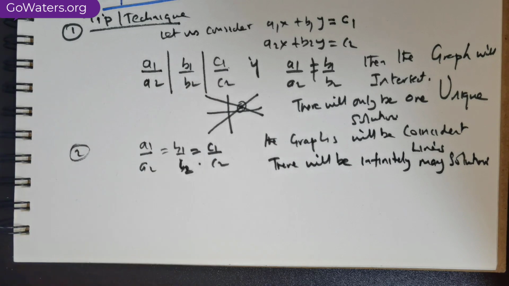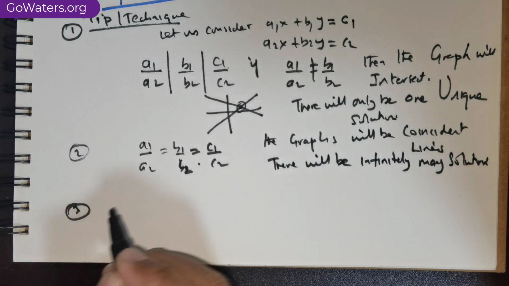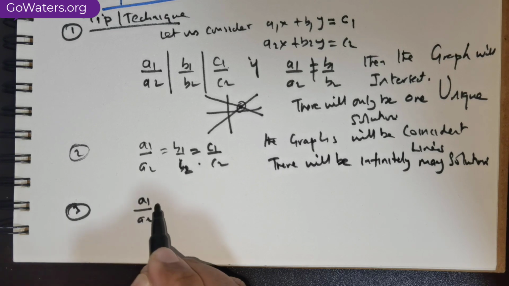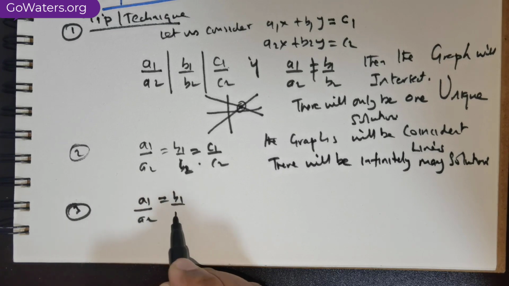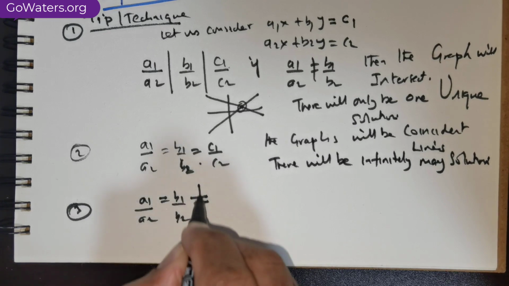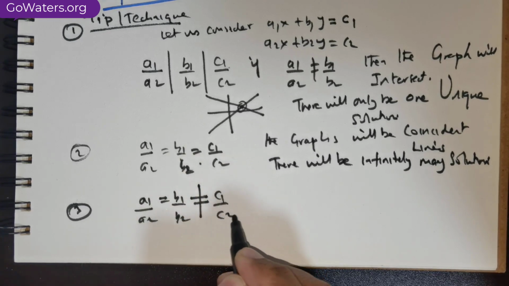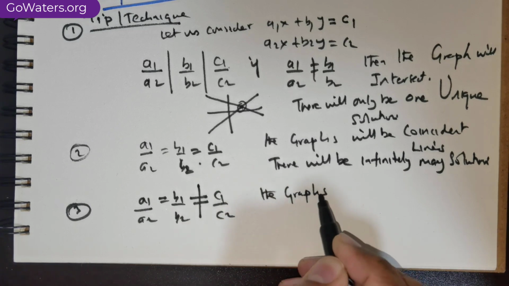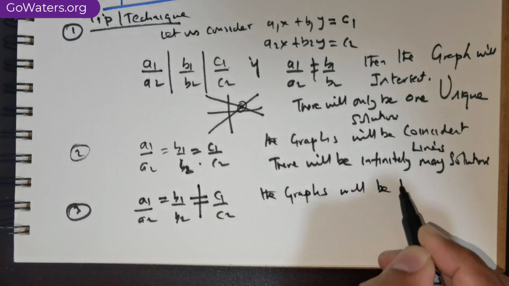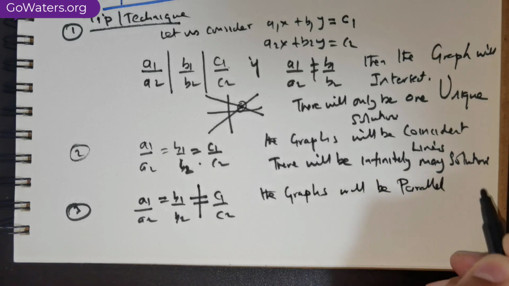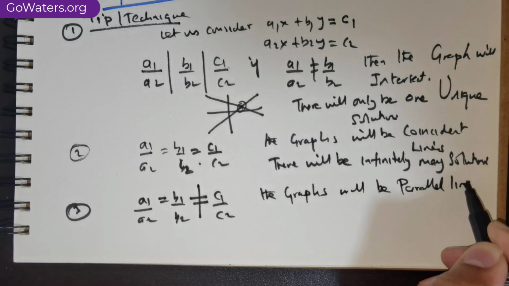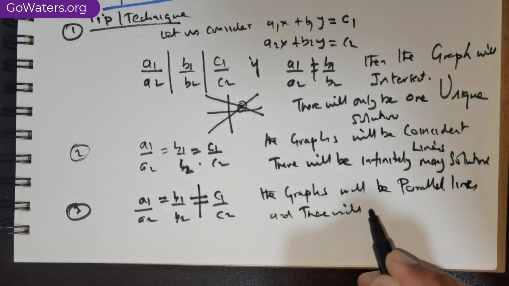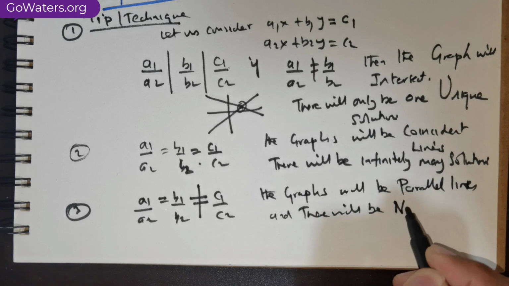So this is the second case. Now the third case is that if a1 over a2 is equal to b1 over b2 and it is not equal to c1 over c2, then the graphs will be parallel lines, and there will be no solution.